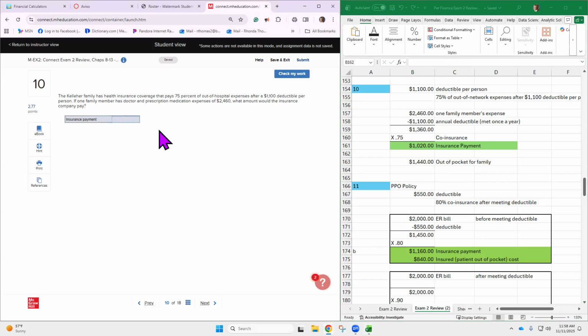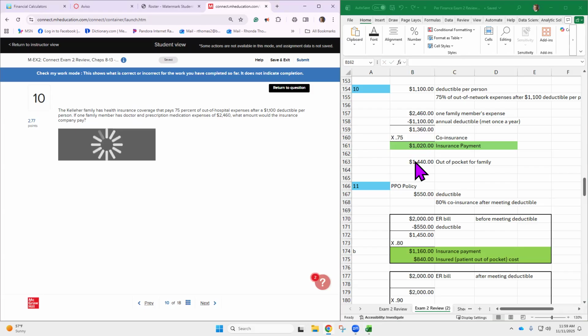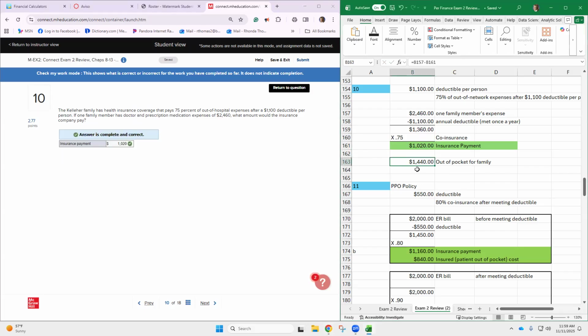So if you subtract the deductible and then take 75% of what remains, here's how much the insurance company will pay. They'll pay $1,020 of this medical bill. And then out of pocket from the family is $1,440.